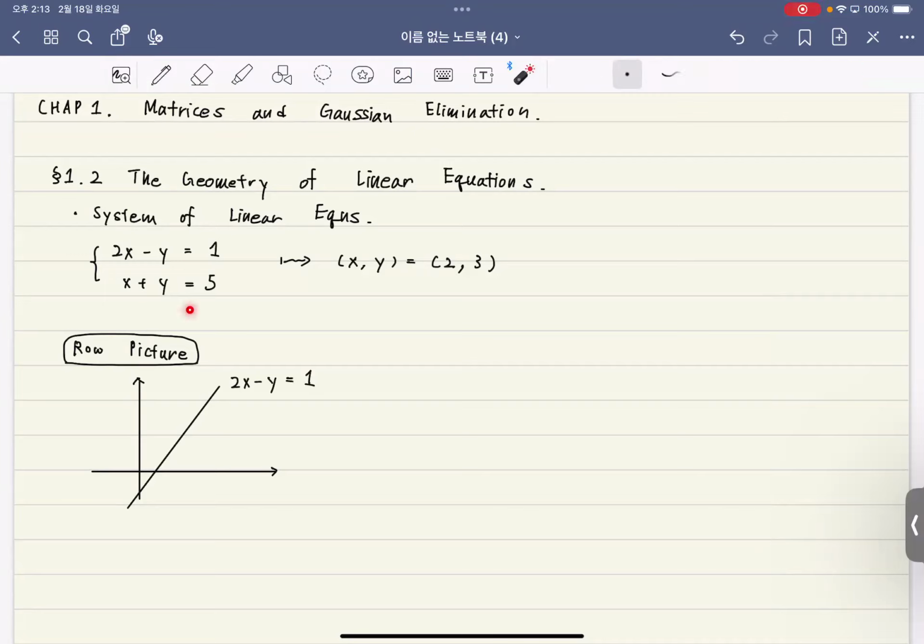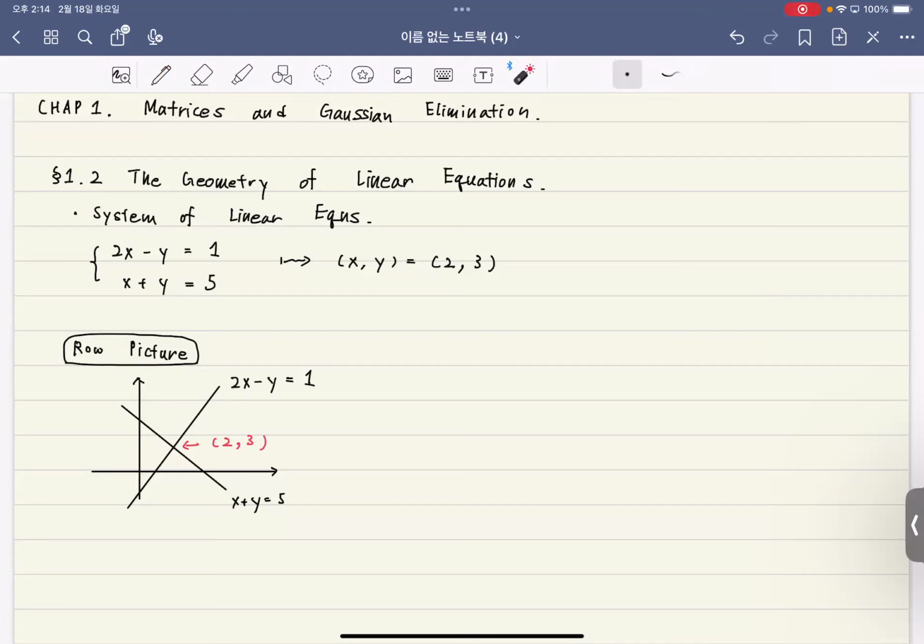And this one can be translated to another line whose slope is -1 and y-intercept is 5. And in this case, the one and only intersection point of these 2 lines should be the solution, right?